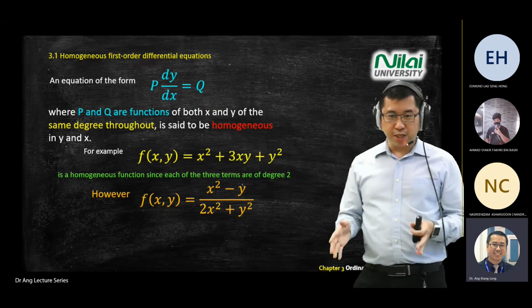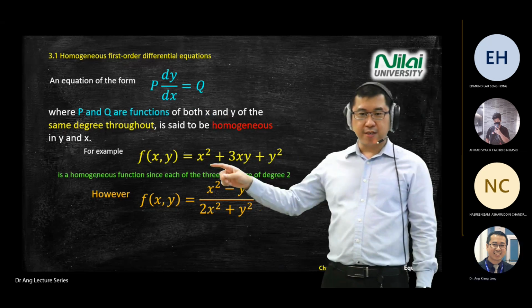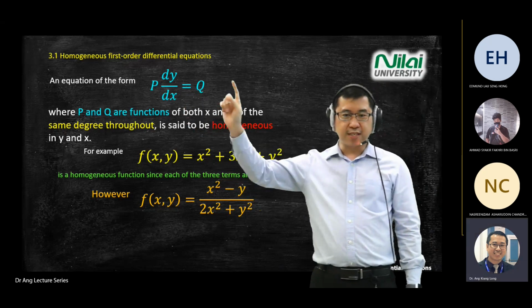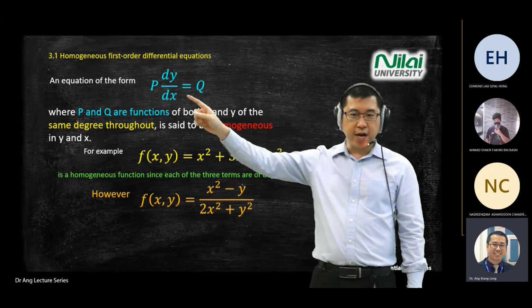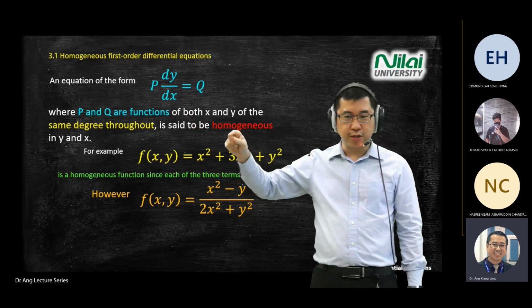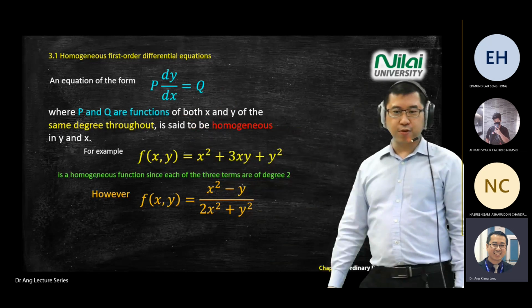It must be homogeneous and first order. What do I mean by first order? It means your dy over dx is first order. If it is d square y divided by dx square, you differentiate 2 times, and it becomes second order. That one I'll teach you how to solve later.